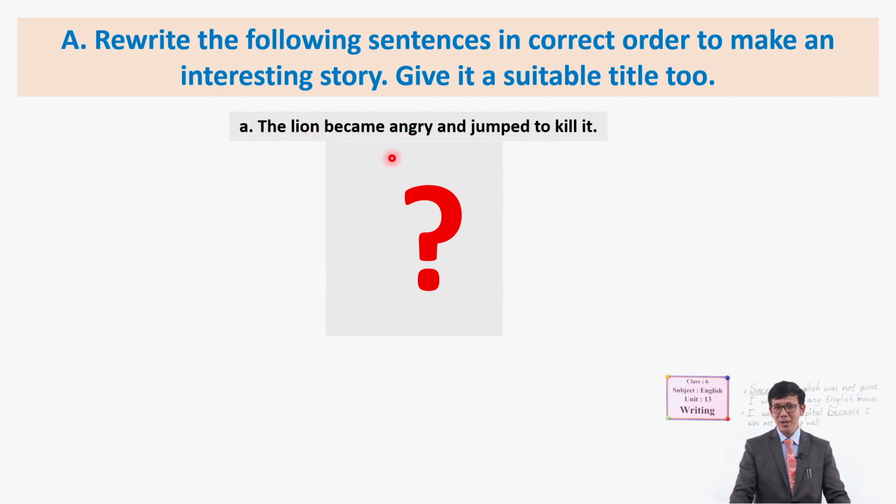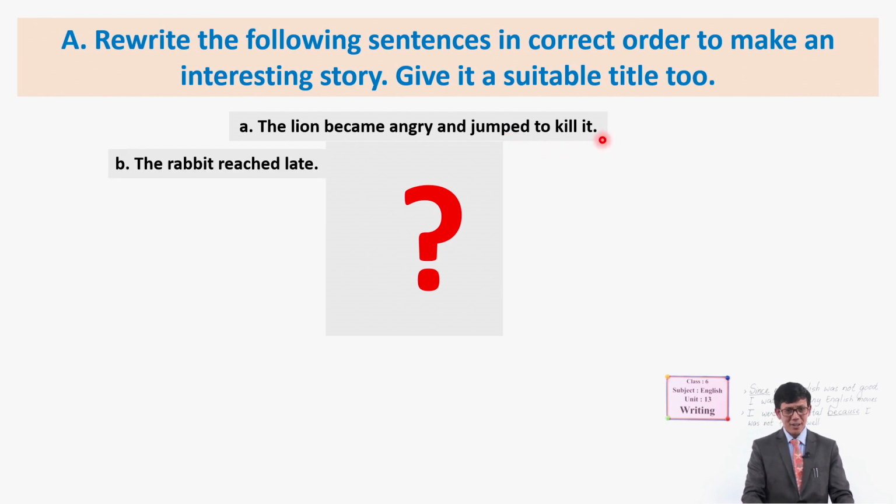Look at another sentence. The second sentence: the rabbit reached late. Do you think the first sentence and second sentence are in order? Not exactly. We'll try to keep them in order later.